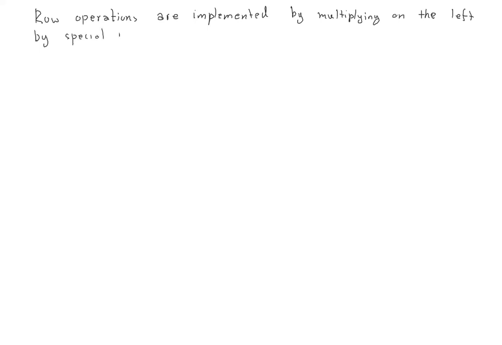Row operations are implemented by multiplying on the left by special matrices that are called elementary matrices.